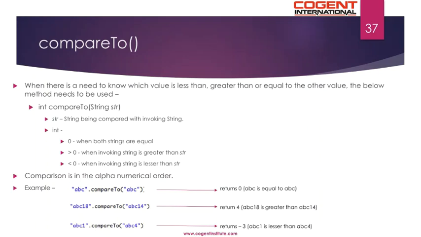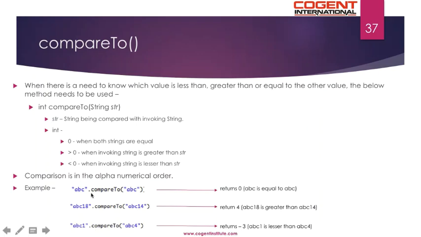The result int will be 0 when both strings are equal, greater than 0 when the invoking string is greater than the passed string, and less than 0 when the invoking string is lesser than the passed string. Comparison is in the alphanumerical order.